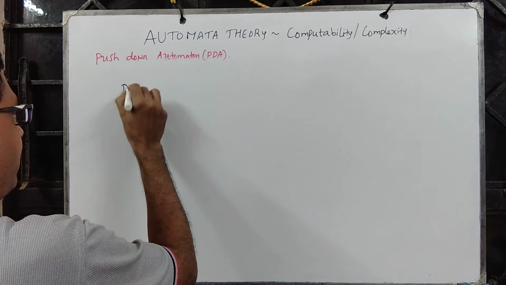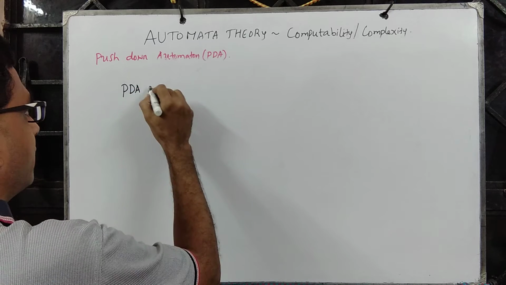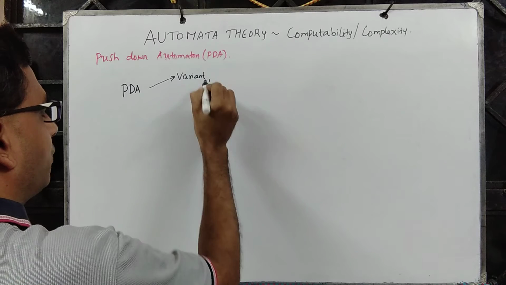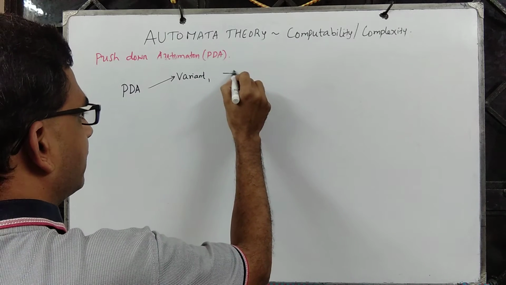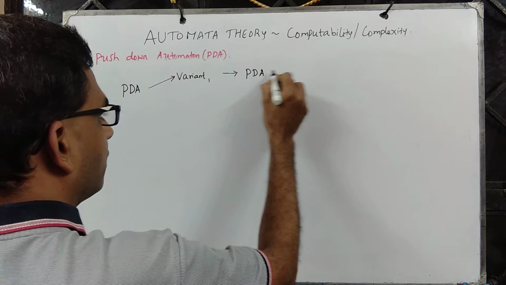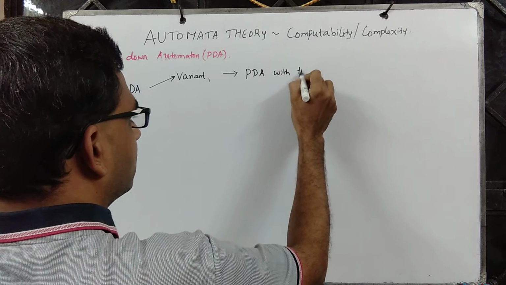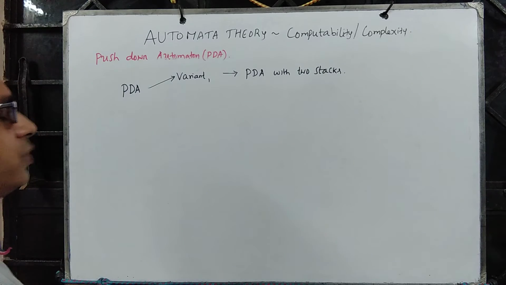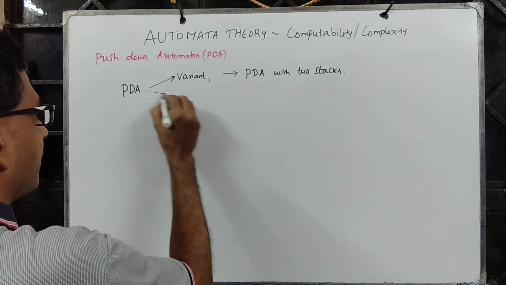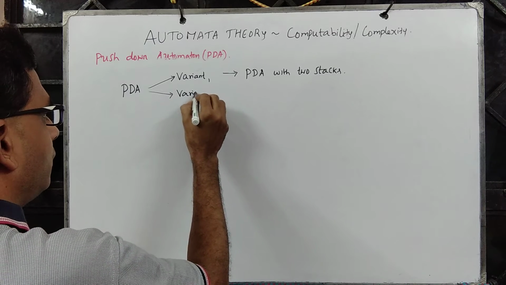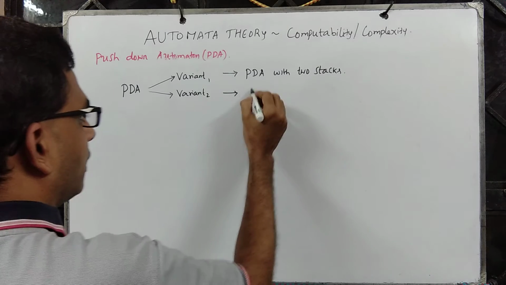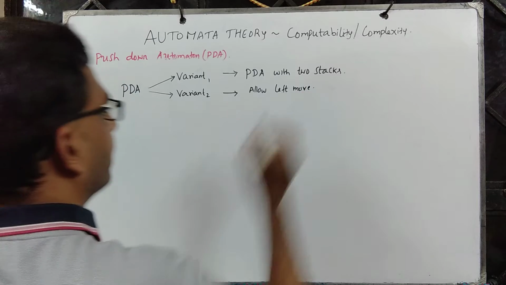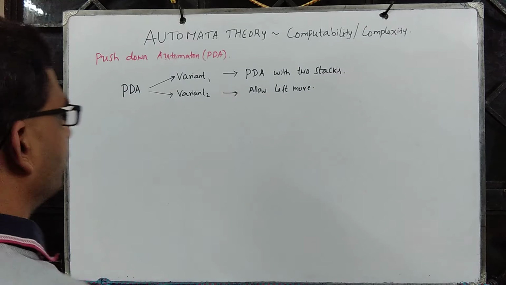So we have the PDA. These are all the variations. Variant number 1: PDA with, say, 2 stacks. Allow the PDA to have 2 stacks, that's 1. Variant number 2: allow left move, PDA along with left move.